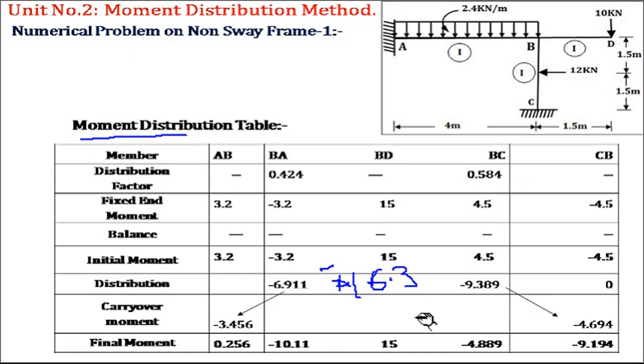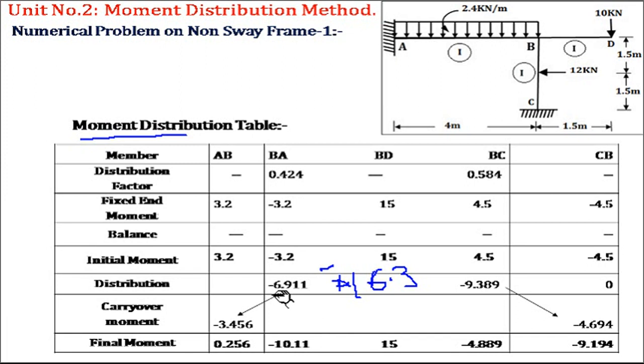Now here we have to find out the component of the correcting moment for member BA. It will be minus 16.3 multiplied by the distribution factor, that is 0.424.